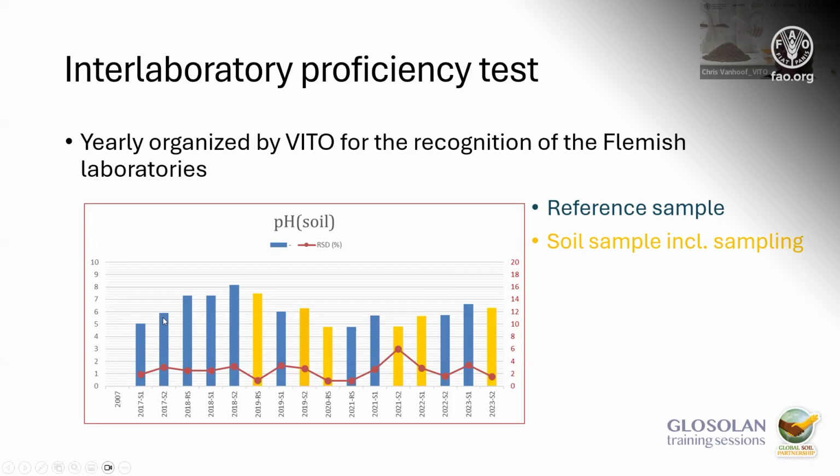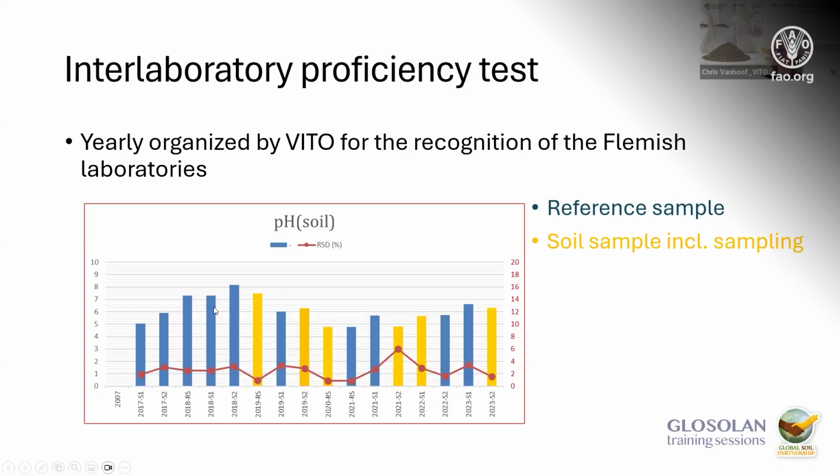The blue bars are results obtained on the reference samples. It means that here the participant didn't do the sampling, but only did the pH measurement on the reference samples. For the yellow bars, the soil sampling is also included. So the participant does a soil sampling, pre-treats the sample, and then does the measurement.